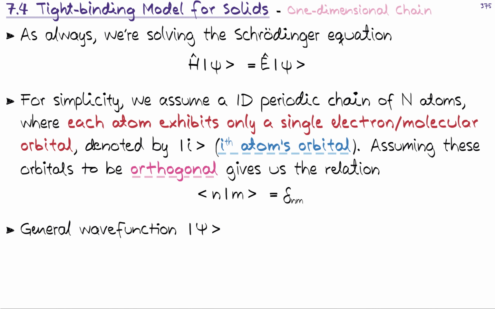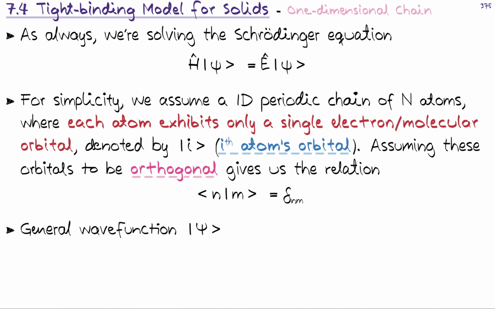So now we have a possibility to form the general wave function, and this general wave function would tell us where all the electrons in the system are. And since we have n atoms, we have quite a lot of electrons here, so this general wave function is actually a vector that has quite a few components inside it.